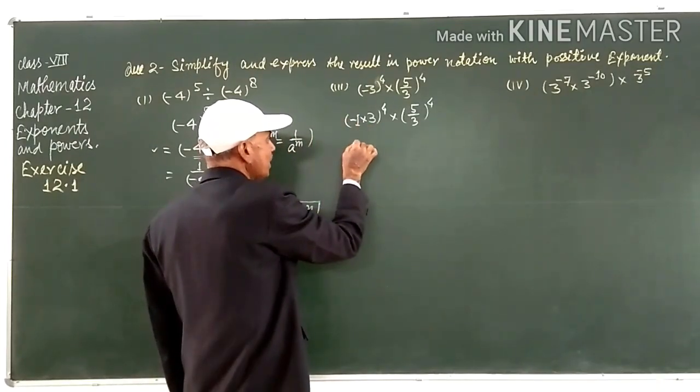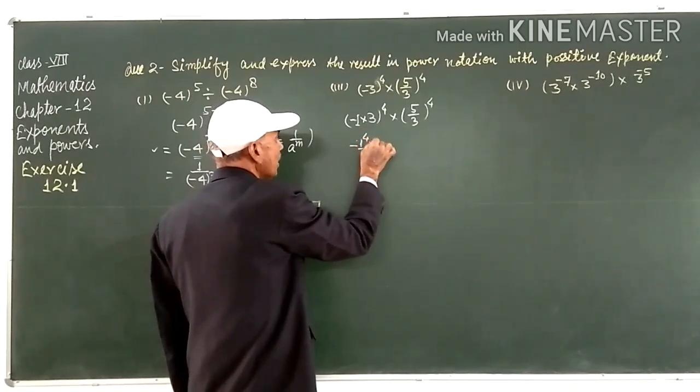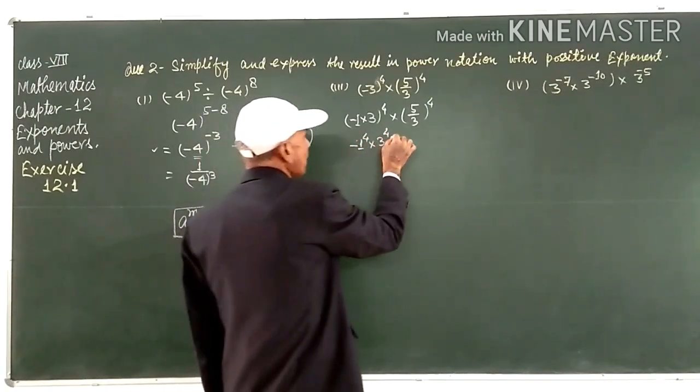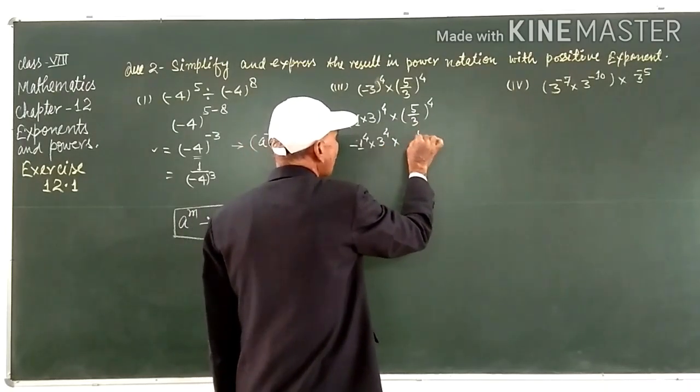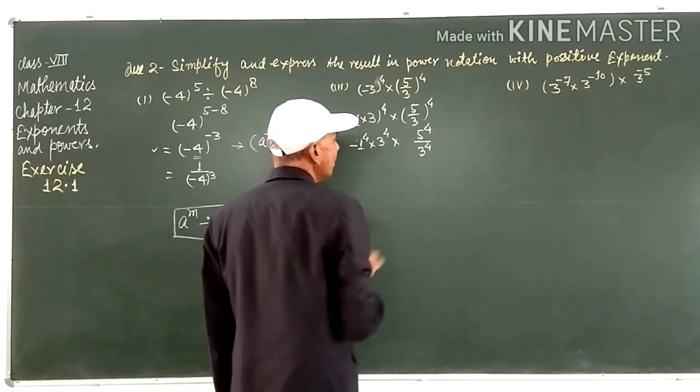So it will be, students, (-1) to the power 4 into 3 to the power 4 into this one 5 to the power 4 upon 3 to the power 4.